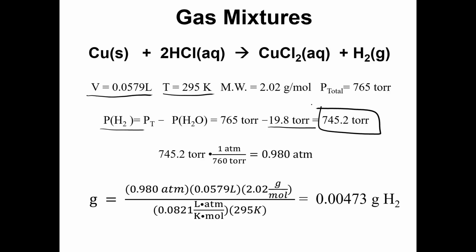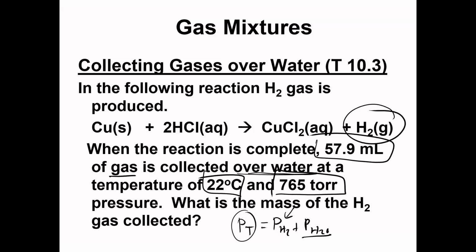So this is going to be our adjusted pressure of hydrogen gas, the one we want to use. The question was how many grams of hydrogen are produced. Let me go back to the problem real quick. What is the mass? Okay, they want to know the mass of hydrogen.